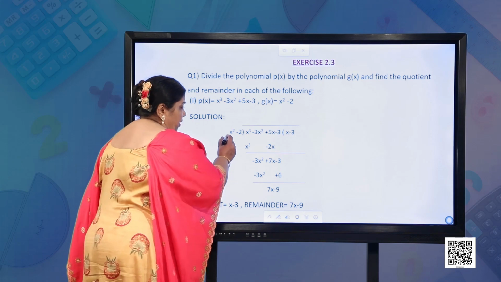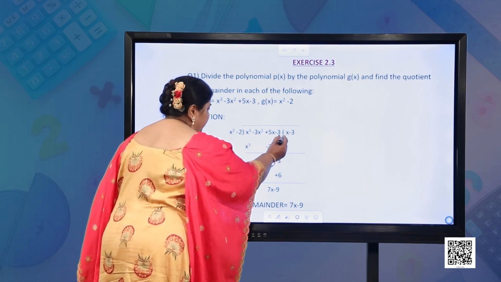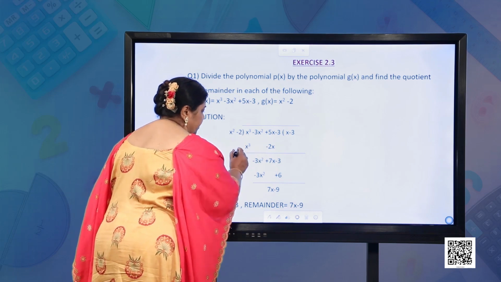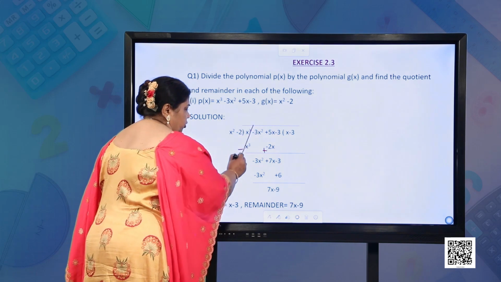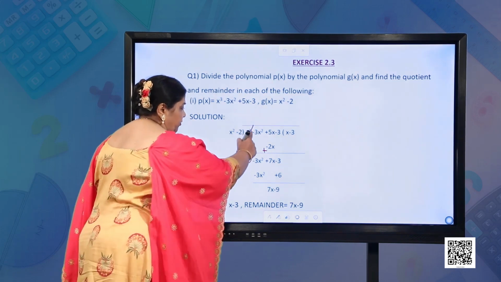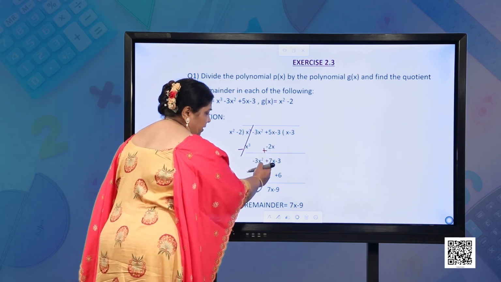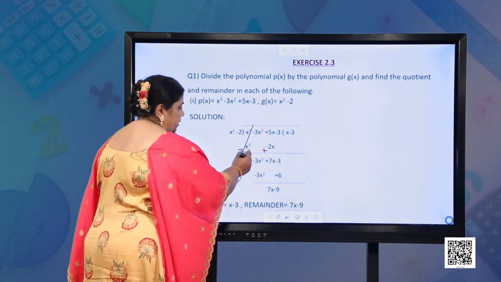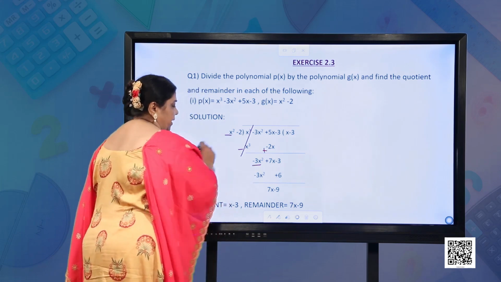Observe here, if I multiply x square by x, I get x cube and x into 2 will give me minus 2x. Now, on subtracting, the signs will change here, x cube gets cancelled. I am left with minus 3x square, here 5x plus 2x is 7x, minus 3. Just observe, we have minus 3x square and I have only x square here.